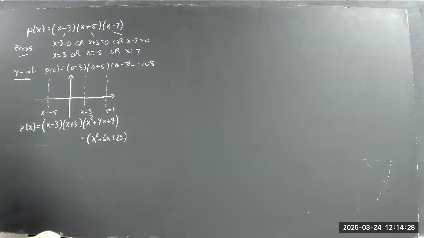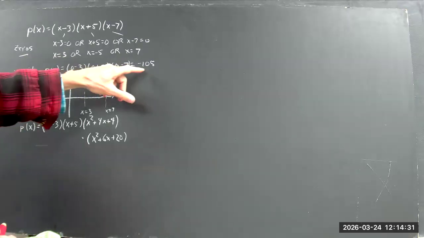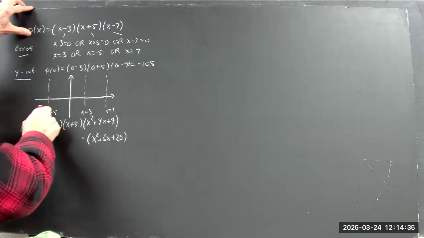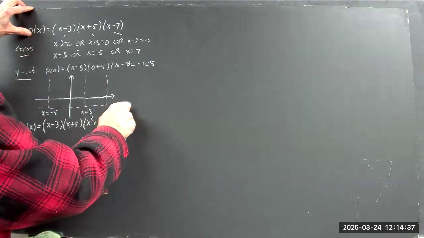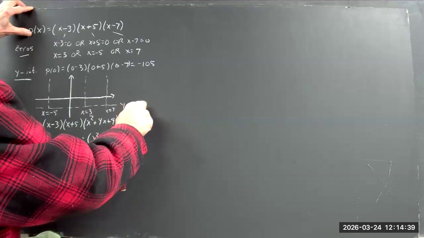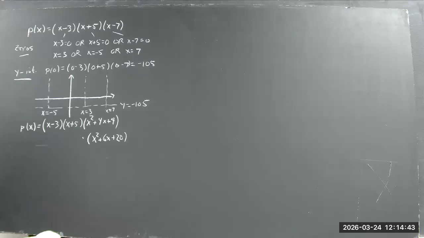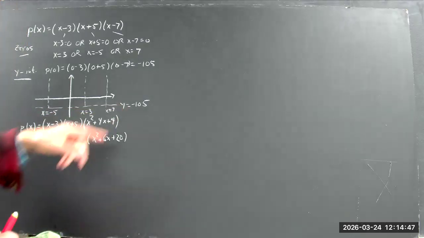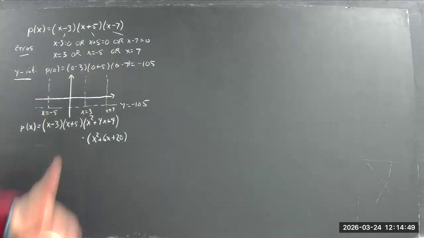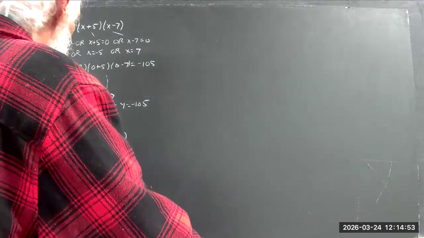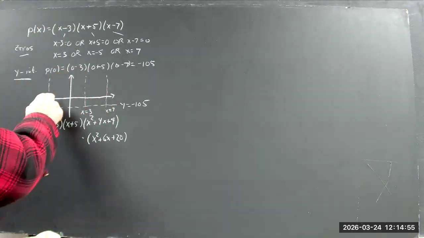The y-intercept occurs when x is 0, y is -105. Well, I can put y equals -105 wherever I want to, as long as it's below the x-axis. And the reason I put it there is I don't have another place to put it because of all the stuff I got below it.